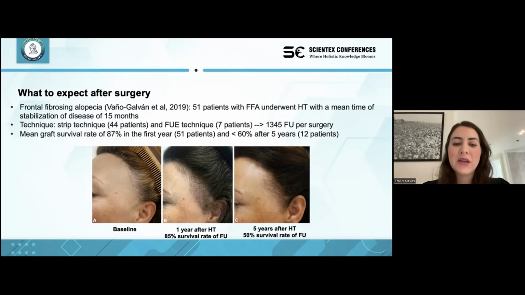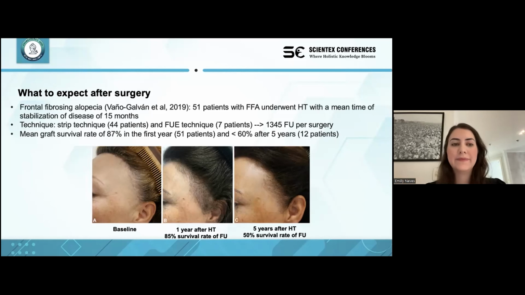This patient shows the baseline of frontal fibrosing alopecia, 1 year after her transplantation she presented an amazing survival rate of follicular units, and 5 years after her transplantation, we can see the decrease of the survival rate of follicular units to 50%.